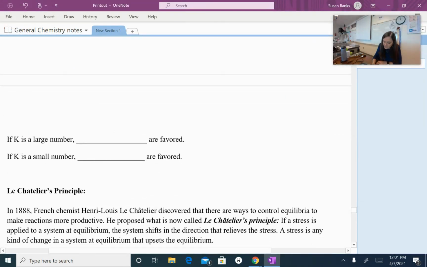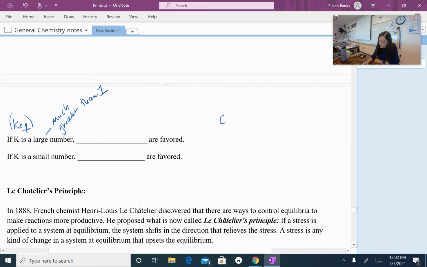So, let's look at the math here, or our KEQ values. If KEQ, and K is what I mean by KEQ, if KEQ is a large number, meaning much greater than 1, that means, remember, our products are over our reactants.